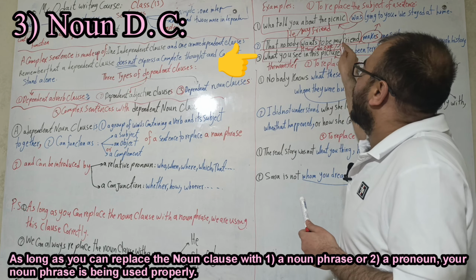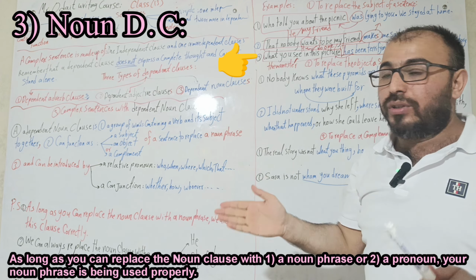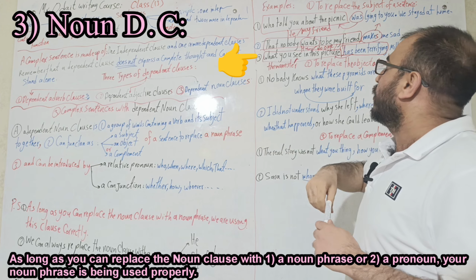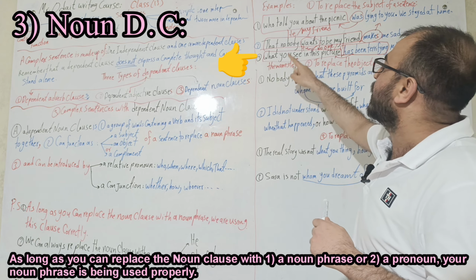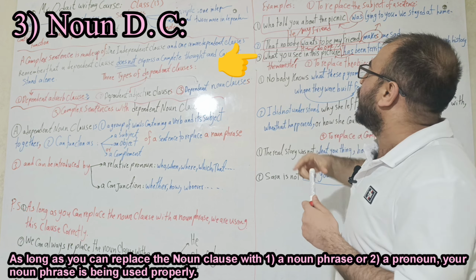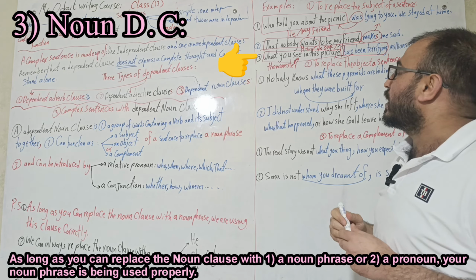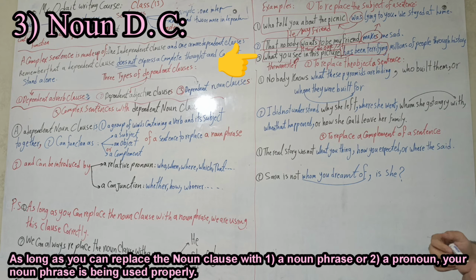And again, my friends, as long as these two words don't contain a verb and its subject together, those are one noun phrase. And in here, as long as I can replace this clause with this phrase to get a subject, this means that this clause is being used properly.